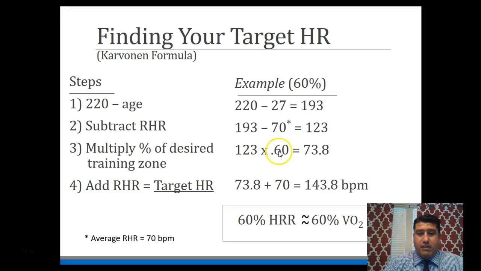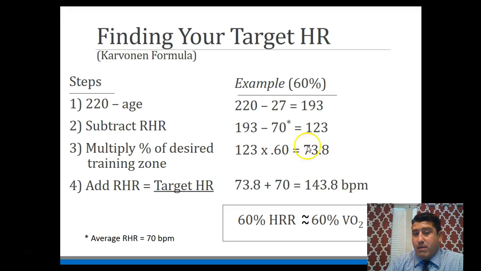Okay, so for this example, we're going to use 60% of the target rate. That's in the energy continuum. That's the lactate threshold. So I'm just going to simply put 60%. Now, whenever you're using this in the equation, you can't type in 60%. You have to type in 0.60 because that's the proportion of 1. Okay, so 123 multiplied by 0.60, and you get this number 73.8.